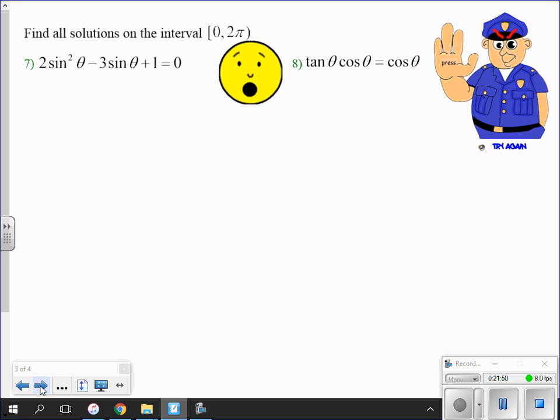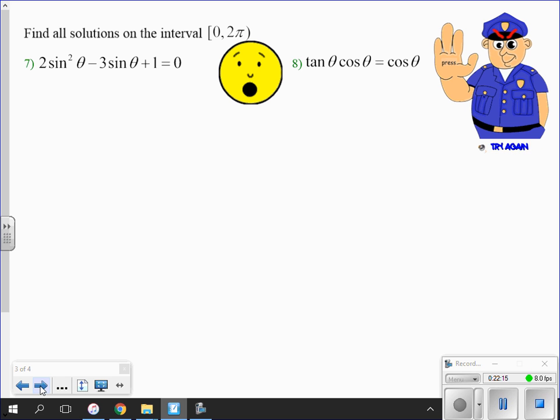looks pretty bad, doesn't it? But what do I have? What kind of equation do I have? I have something squared plus something plus a number. I have a quadratic equation.